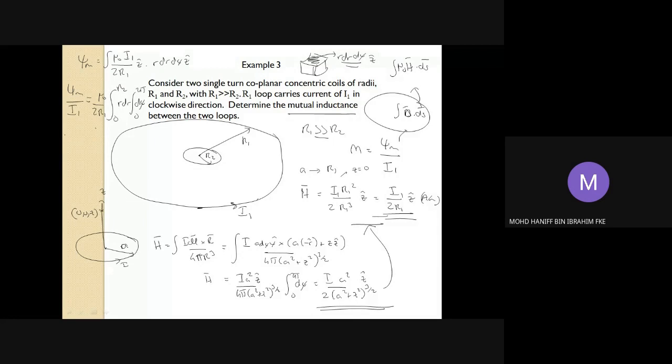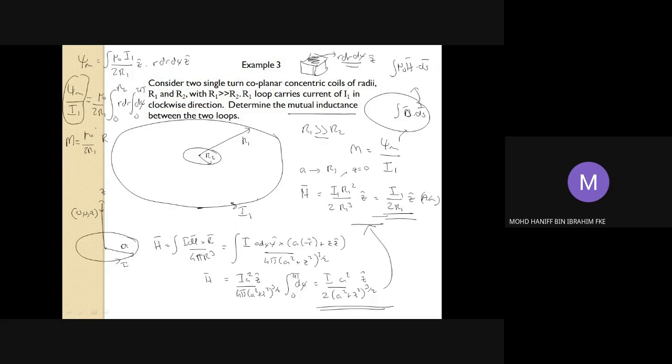So I'm going to end up with the mutual inductance, flux per current, which should be my M.